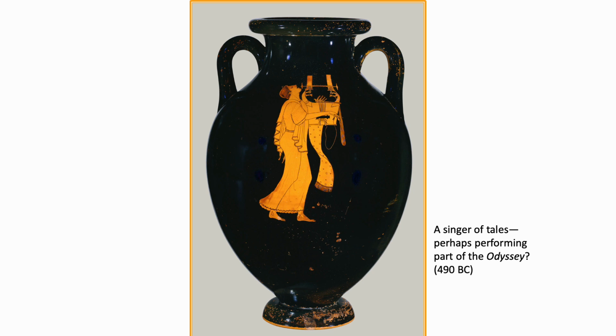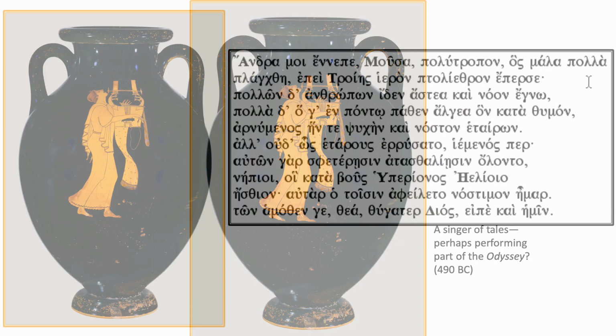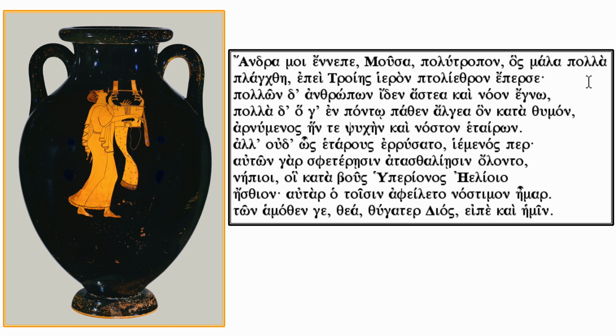If you do that, keep two things in mind. One, what you are reading is, of course, a translation into English. The real Odyssey is in ancient Greek. It looks like this. It does not sound much like the Greek that is spoken today, right? This is 2,700 years ago.